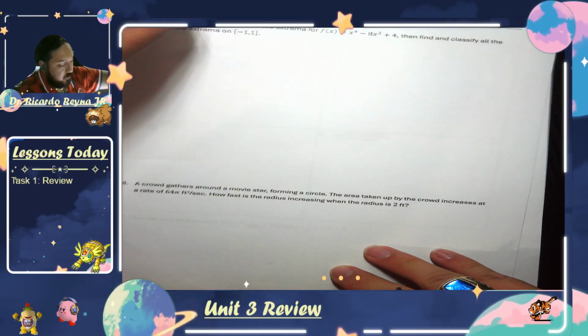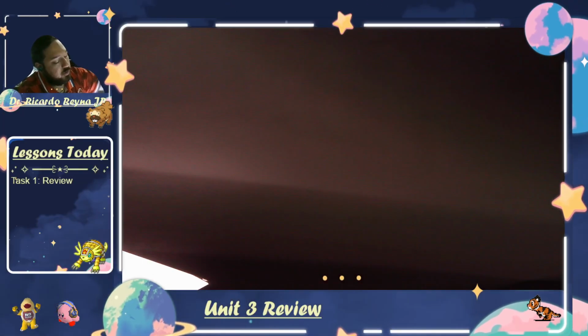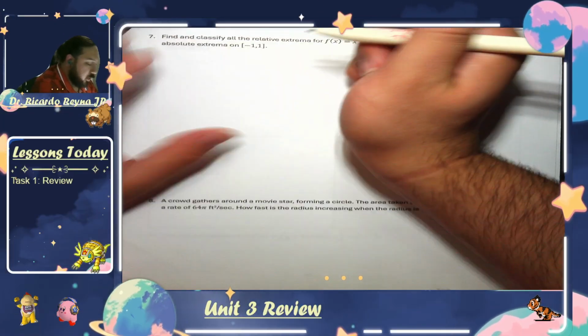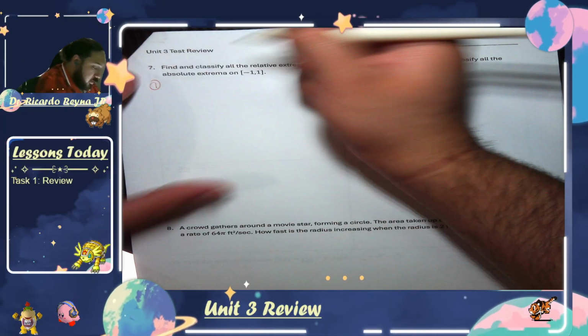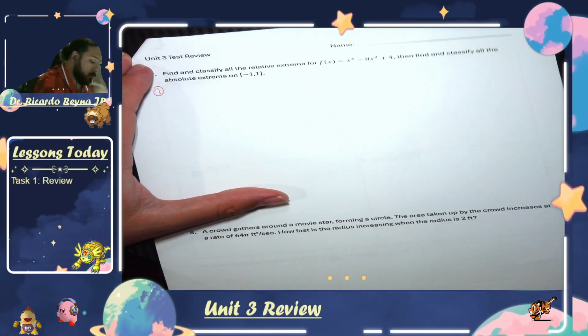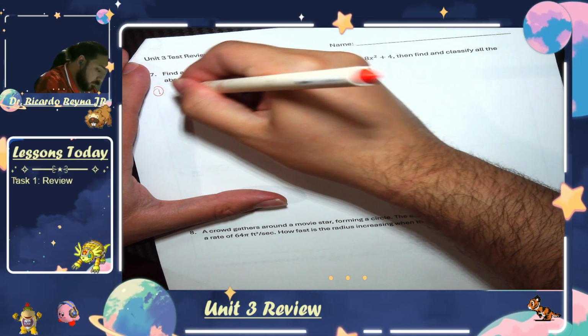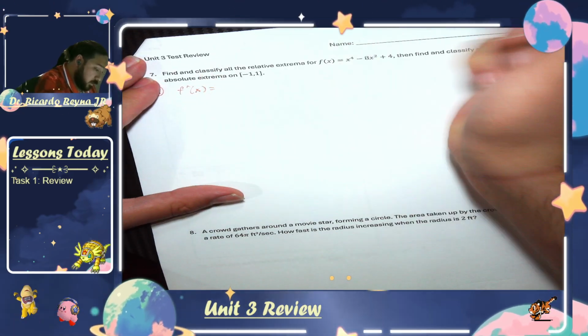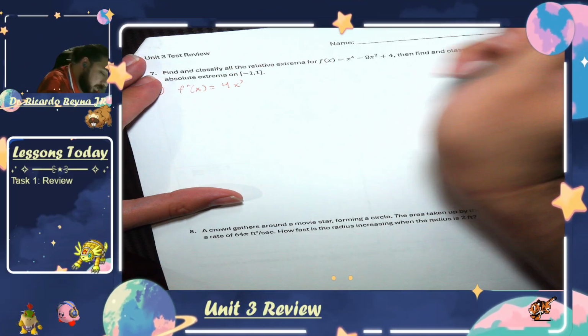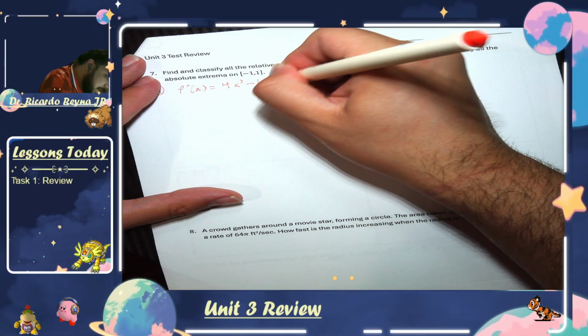Number 7, find and classify all the relative extrema for this function, then find and classify all the absolute extrema. Let's start off with doing its derivative. So I get 4x to the 3 minus 16x.